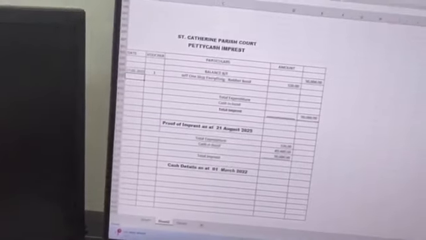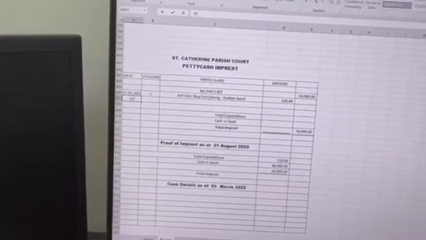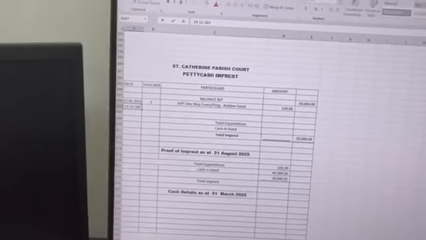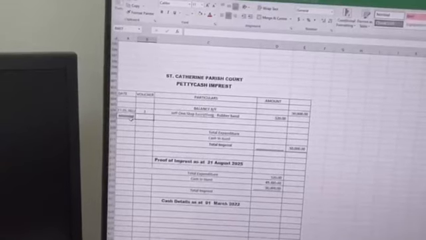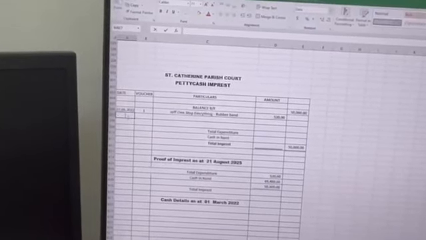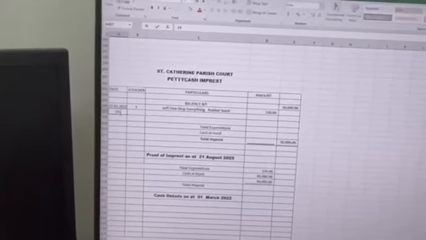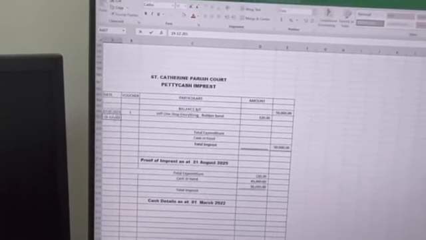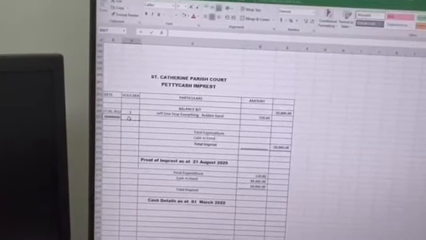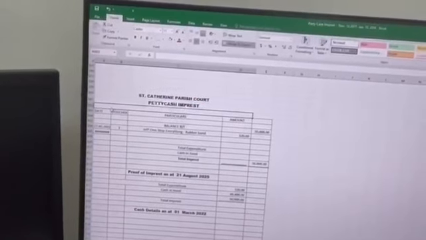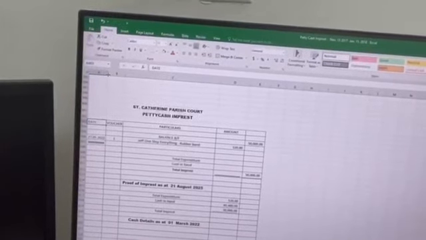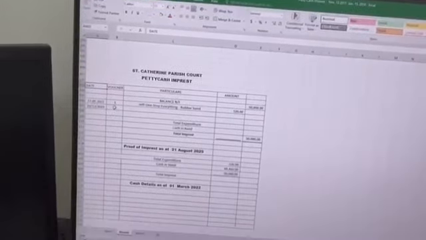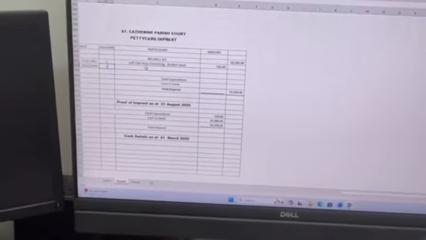Alright, so the date would be 19th of December 2019. This is voucher number 2.